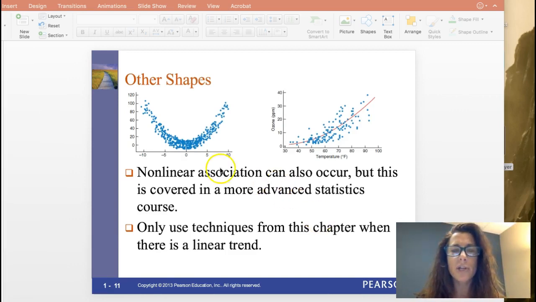Let me show you this other shape. Here's an example. We're not going to go over these in class, but you have situations where things are not linear. In this case, you can see more of a log. And in this case, you have a bimodal, so you have two different associations. Although it doesn't go with the data, I like to use the example.